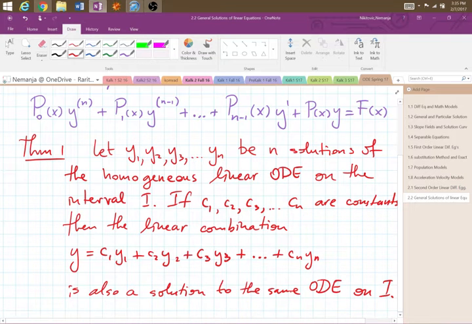So in the process, let's say you have a third order equation, so a third derivative. You come up with three answers in this case. y1 equals, I don't know, e to the x, and then y2 equals e to the 2x, and then creatively y3 equals e to the 3x. You can put them all together into the same answer.